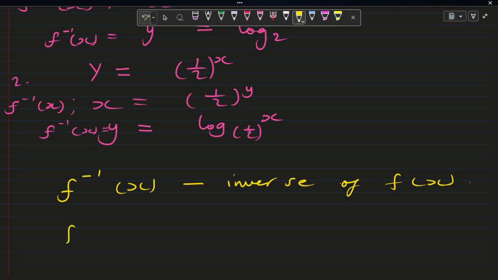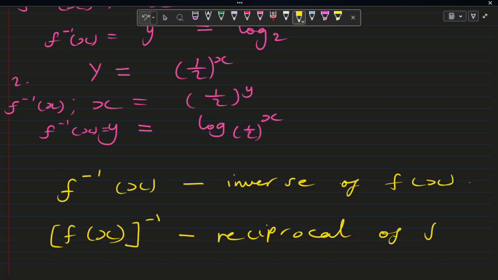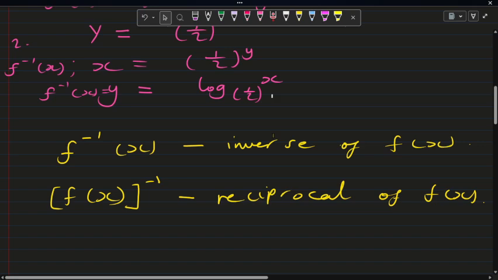And then there is this, which is the reciprocal of f of x.